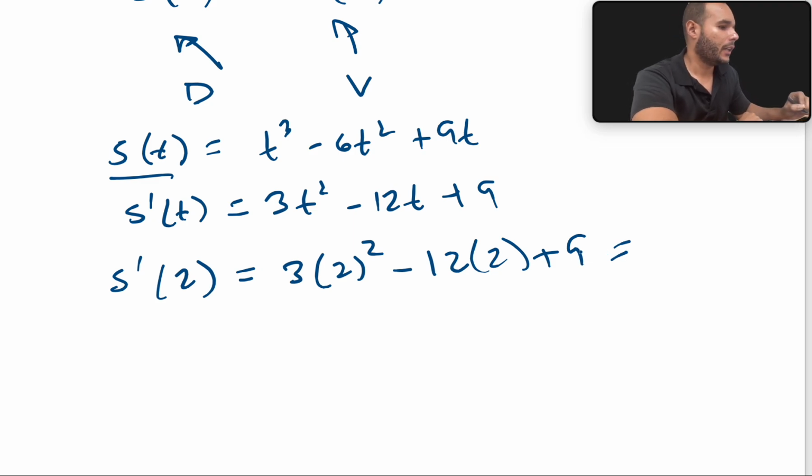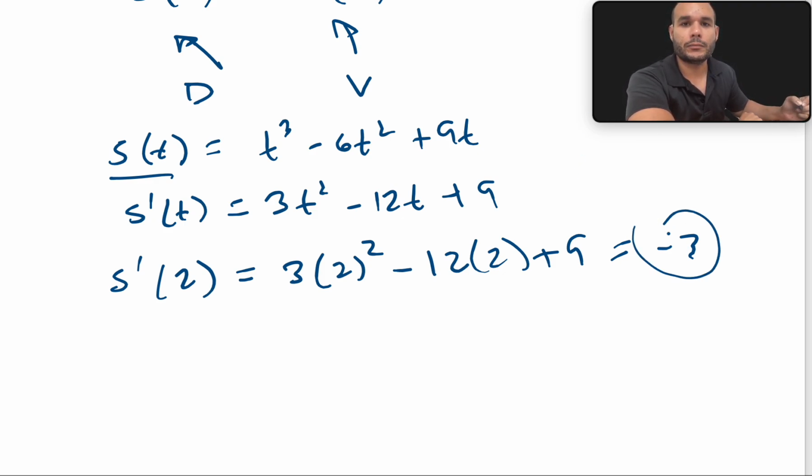If you do the math, that gives negative 3. Okay? So depending on the units, this would be the velocity of that particle, or whatever the function is modeling, at 2.